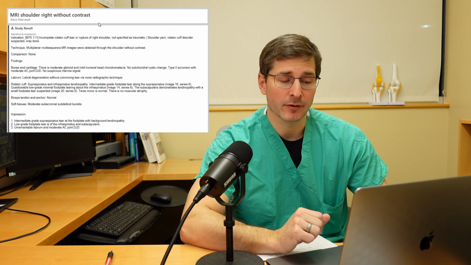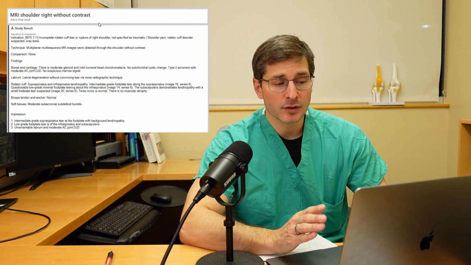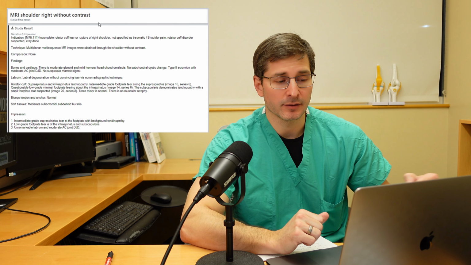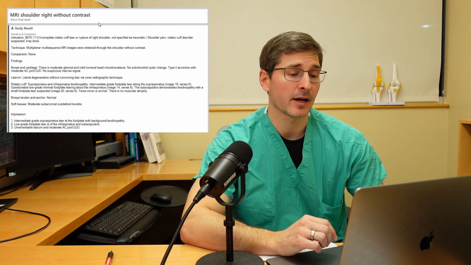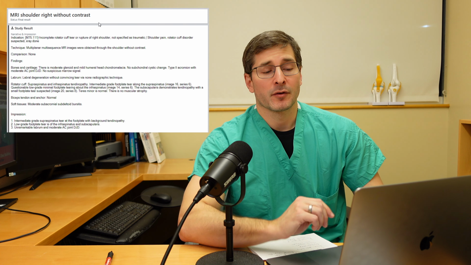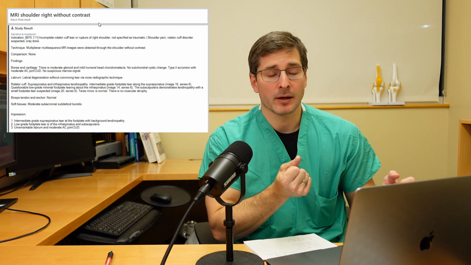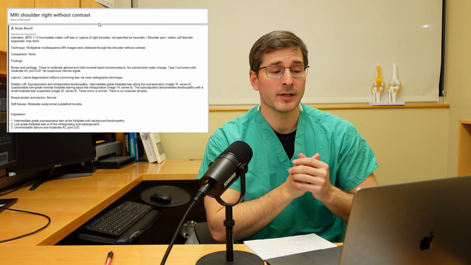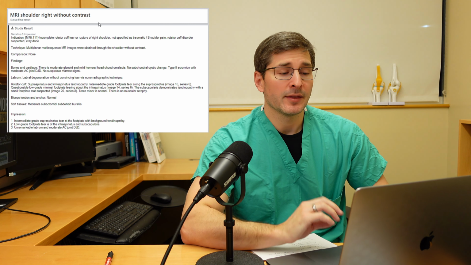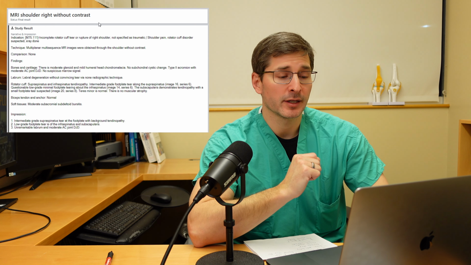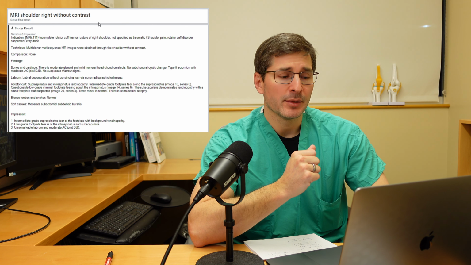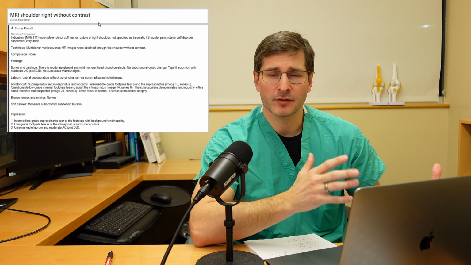And contrast, in the context of rotator cuff problems and things like that, refers to contrast which is actually injected into the joint, and that's called an arthrogram. And that helps to look at certain things in the shoulder, maybe help clearly define different types of injuries.